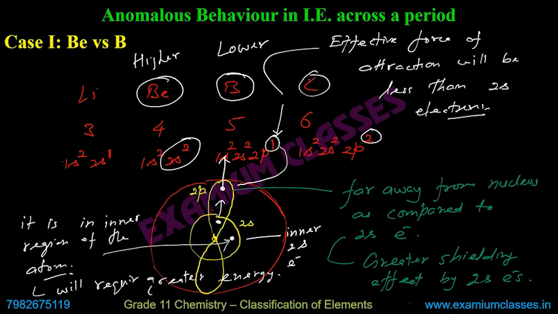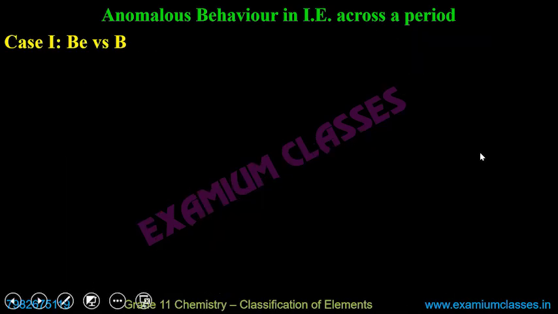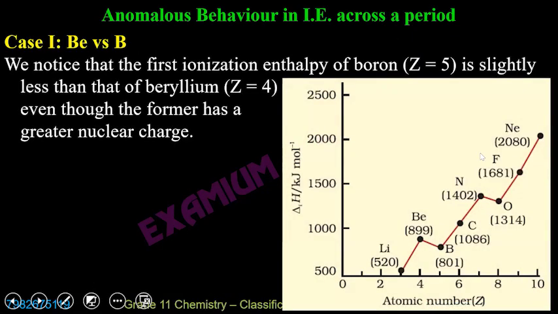Second, in beryllium, the electrons are in the inner region. S orbital is smaller in the inner region, so it is difficult to remove the electron. These 2 points you have to write. Basically, your teacher will be looking for these 2 points only, not much explanation. That was just to explain that I took that much time. Otherwise, you have to write just 2 points.